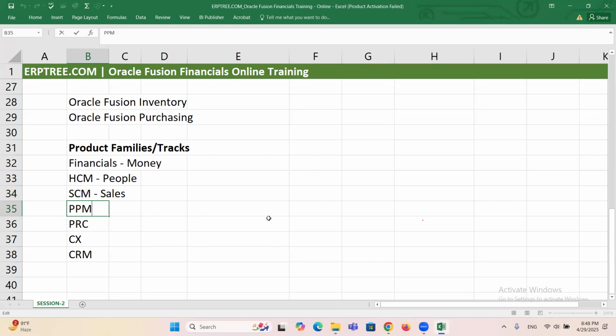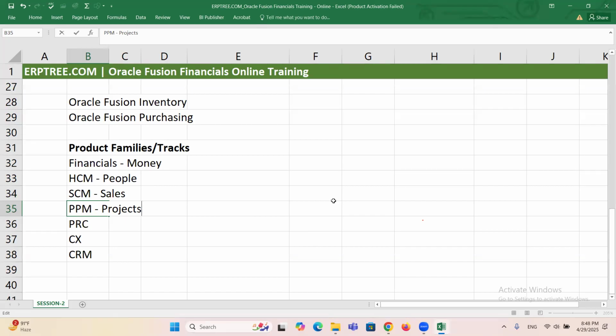PPM. If a company is doing projects, for internal purposes or external for customers, that project-related information you can maintain by using the PPM application. It's for project-driven organizations. They need to capture how much they are incurring and how much revenue they are generating.